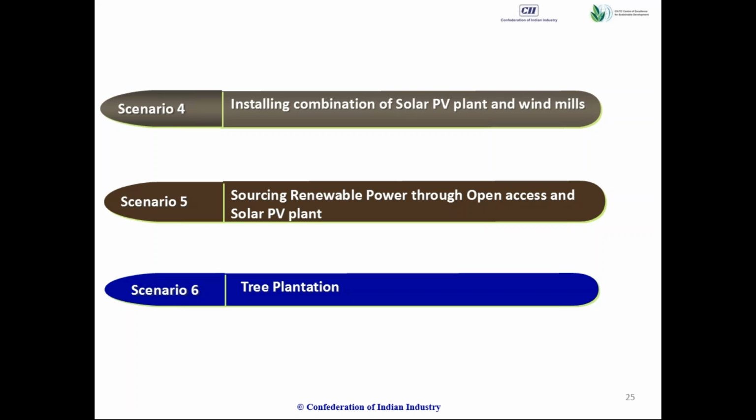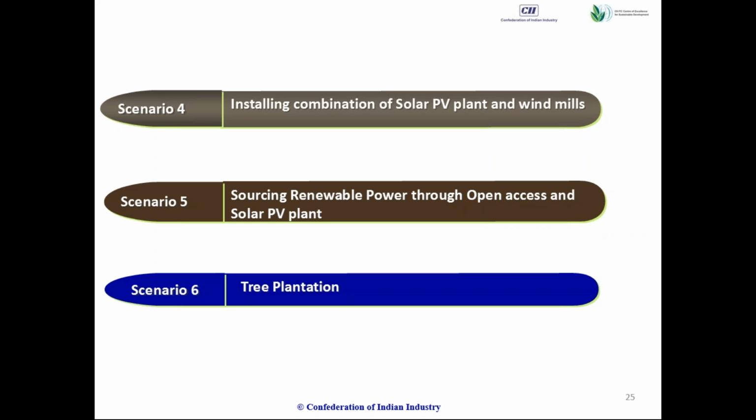Scenario 4 is a combination of solar and windmills. Many companies who go for open access get RPO obligations. RPO obligations are renewable purchase obligations, which means that the company has to purchase REC certificates, that's renewable energy certificates.